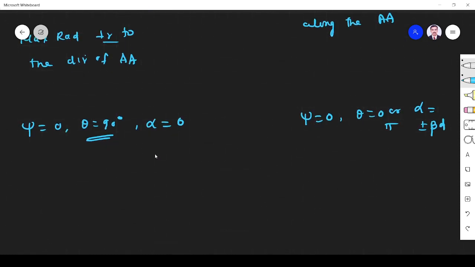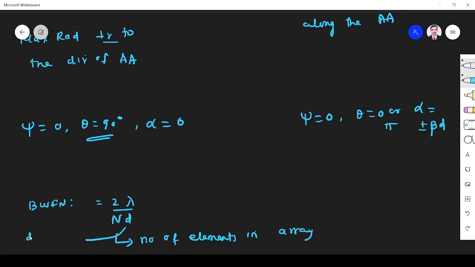Okay, so the beam width between first nulls for broadside array is equal to 2 lambda by nd. N is the number of elements in the array, d is the distance between two elements, lambda is the wavelength. Here, the beam width between first nulls for end fire array is 2 into root of 2 lambda by nd.